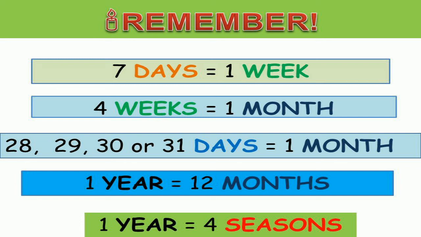Spring is a very pleasant month. Then rainy is the monsoon time, and we wear a raincoat and also carry an umbrella. So in a year, 4 seasons, and these are in the 12 months.